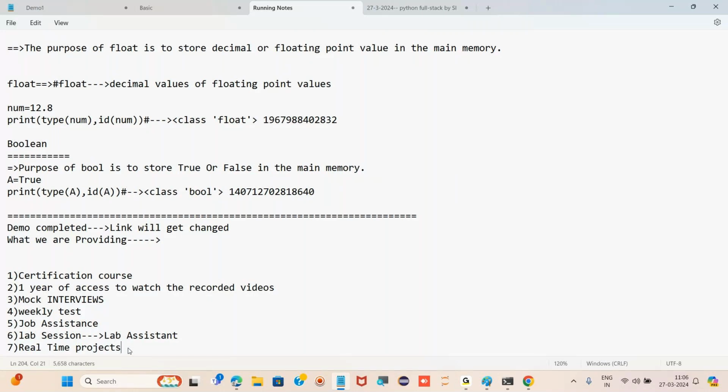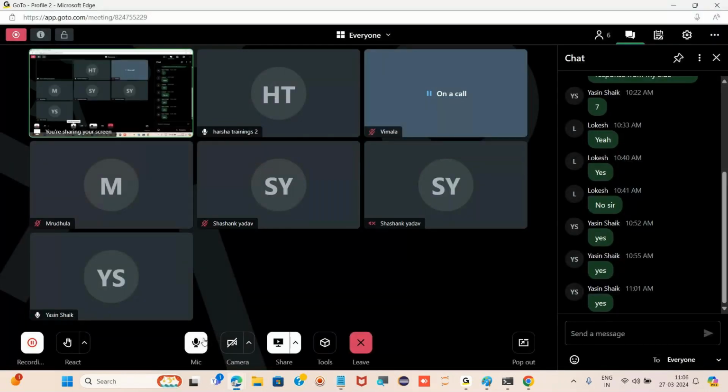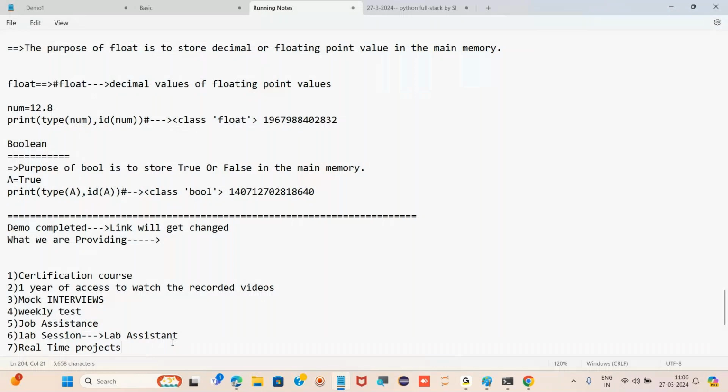So these are few things. Just one thing regarding certification. What kind of certification do you provide here after this course?